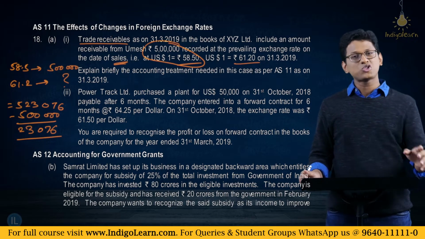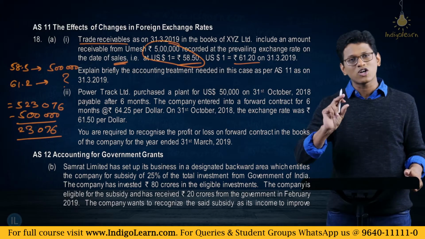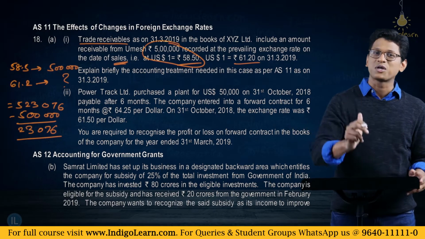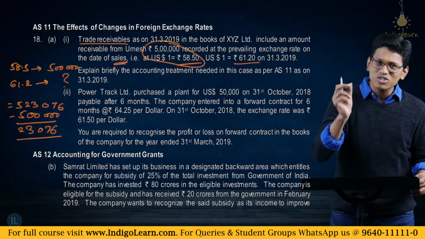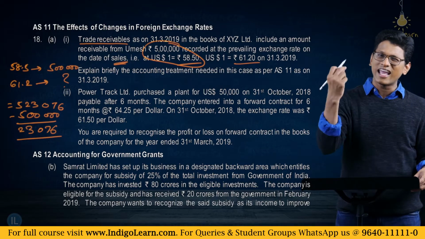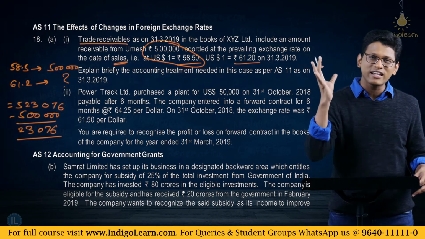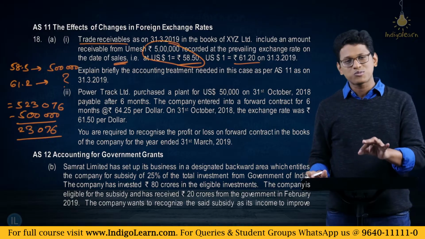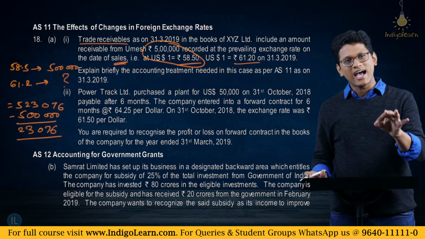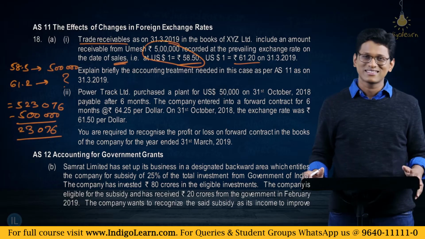That extra 23,076 is not because of my selling price negotiation. That 23,076 is basically a gain that we got on account of foreign exchange fluctuation. So this item should be credited to P&L as foreign exchange gain.